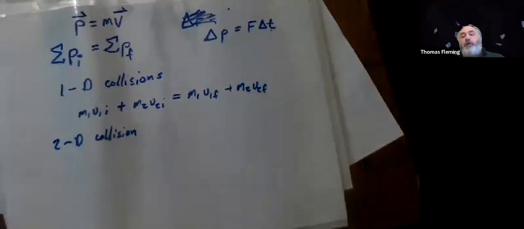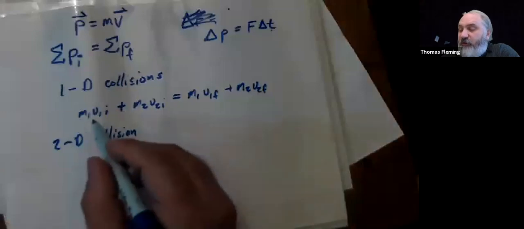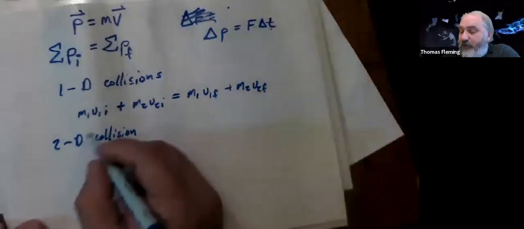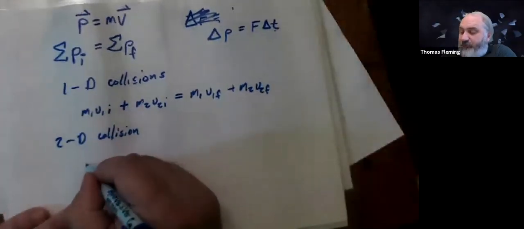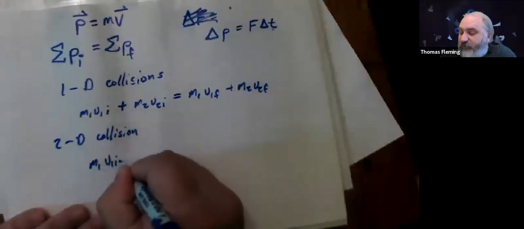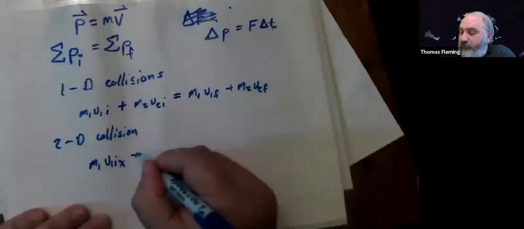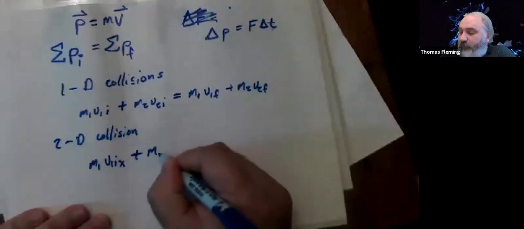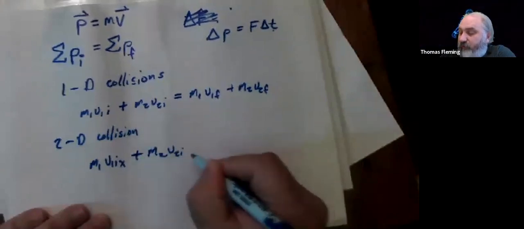So in a two-dimensional problem where things are moving diagonally or in more than one direction at once, you'll have something like M1 V1 initial in the x direction plus M2 V2 initial in the x direction.